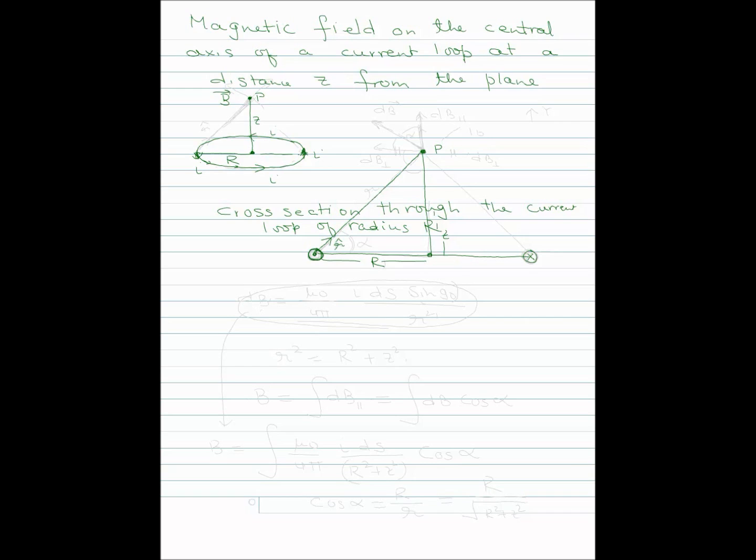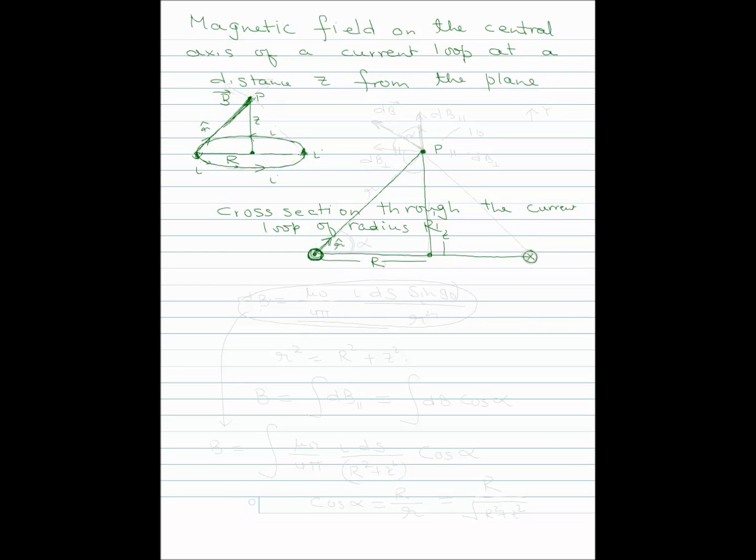Now think about what is the angle between this vector r hat, which connects this little current element ds at this point here with this point P. This is the direction of r hat, and the ds is basically in the direction of current over here, or over here.